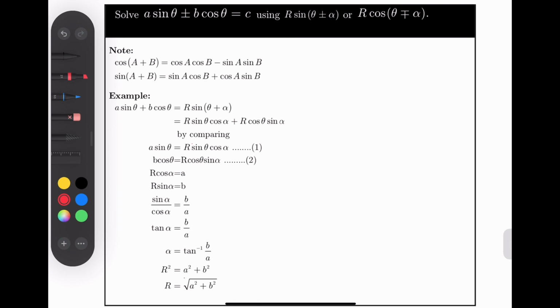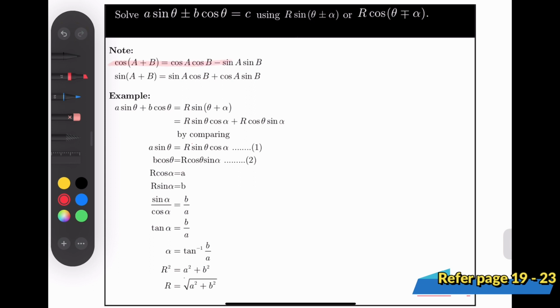Now you're going to learn how to solve A sin theta plus minus B cos theta equals C by using R sin theta plus minus alpha or R cos theta minus plus alpha. You have learned compound angle before.